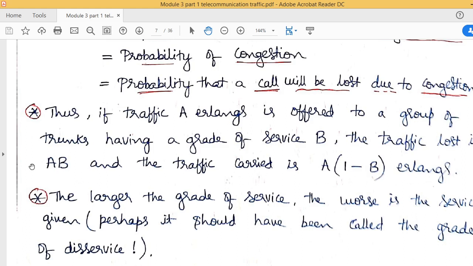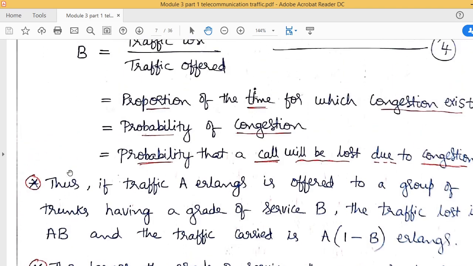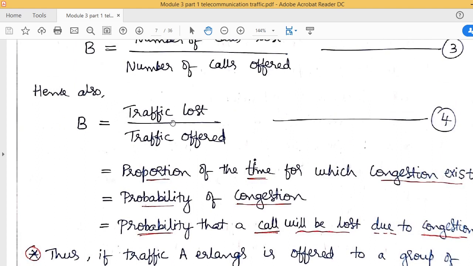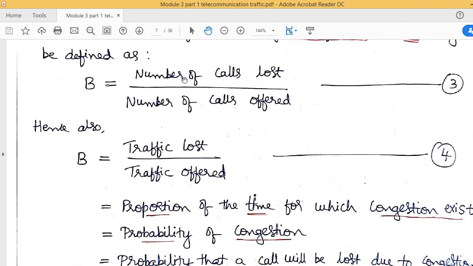And traffic lost in the telecommunication system is defined as AB, where A is offered traffic and B is grade of service of that particular system, and this grade of service is defined as the ratio of traffic lost to traffic offered, or the number of calls lost to number of calls offered.